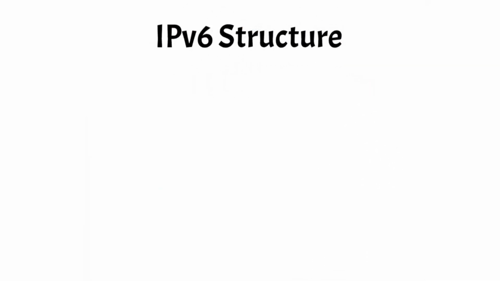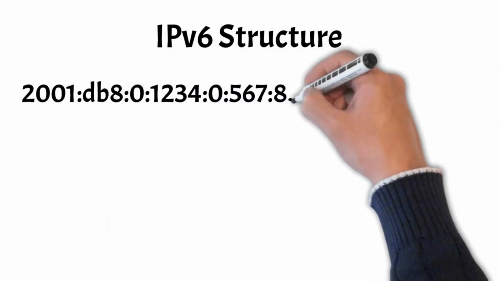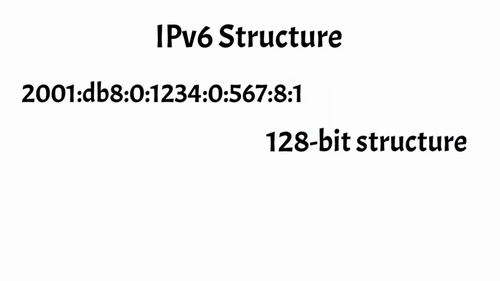Now let's analyze the structure of IPv6 addresses. IPv6 addresses have a 128-bit structure, represented in hexadecimal format consisting of 8 groups of 4 hexadecimal digits separated by colons. Each group can represent a value between 0 and FFFF, providing a vastly larger address space compared to IPv4.